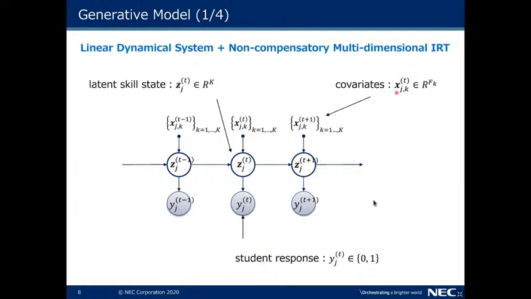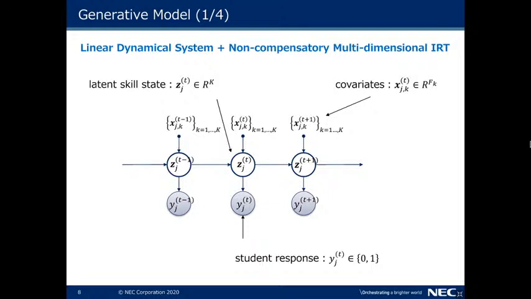And X is a covariate. The skill transition is related to the previous state and also the covariate. We can design any covariate in this variable, like introducing some forgetting curve in this covariate.